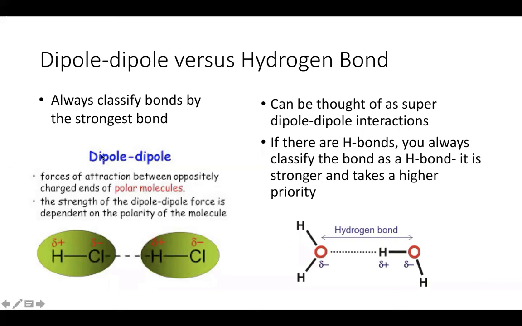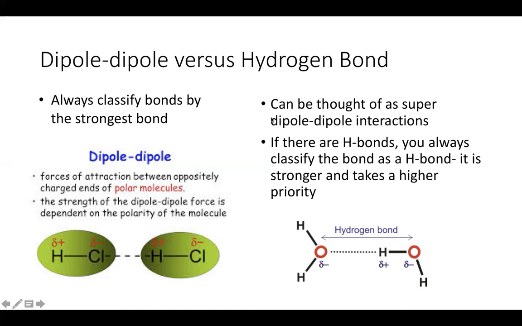So again, if you remember, dipole is just attraction between oppositely charged ends of a polar molecule. They're not ionic, they're not split, but there's an unequal sharing of electrons going on here. So one side ends up with a partial negative charge and the other ends up with a partial positive charge. That partial positive end is attracted to the partial negative end of another molecule, okay?